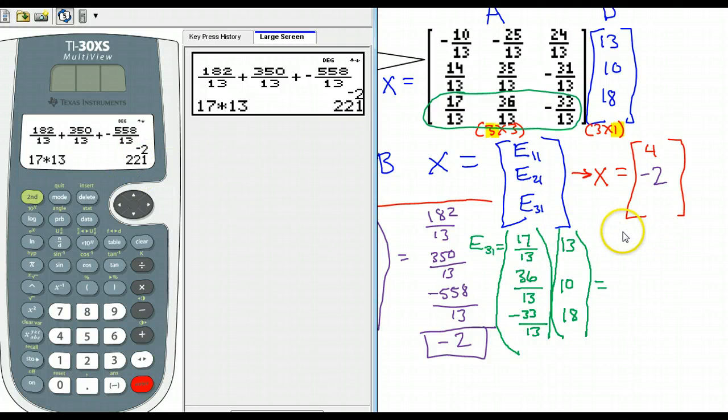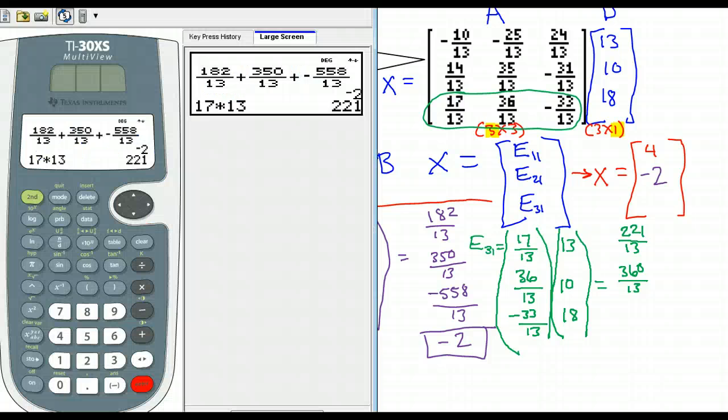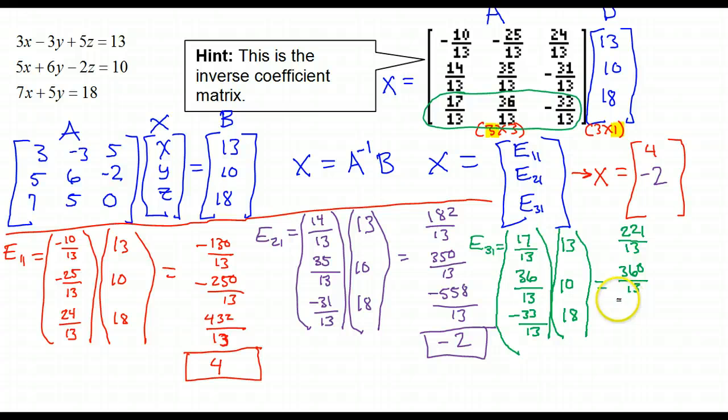So I've got 221 over 13. 36 times 10, so that's 360 over 13. 18 times 33. Alright, that's 594. So that's negative 594 over 13.